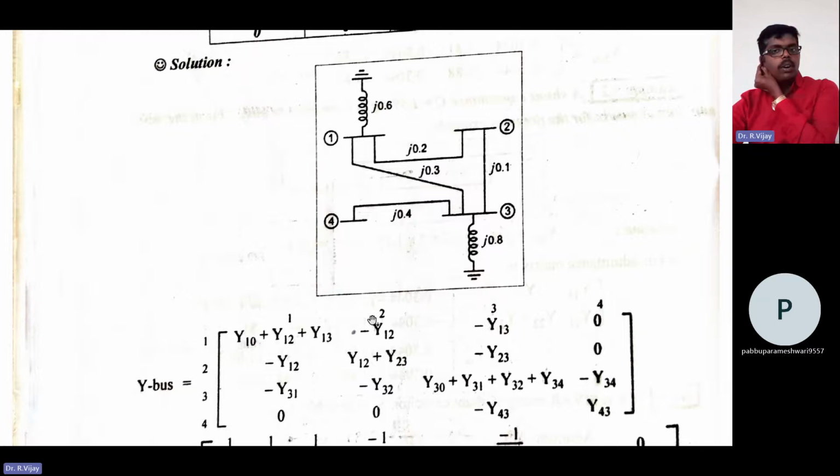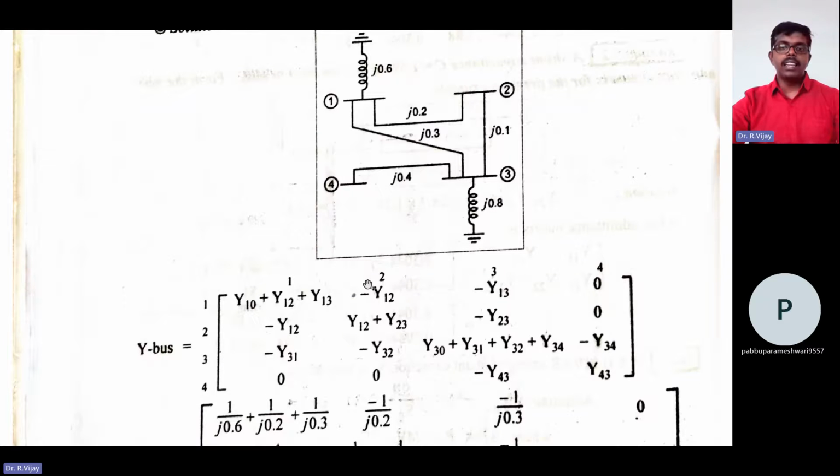So Y12 is minus of Y1, in the general formulation also. Next Y13 is minus of Y1. Next Y14 is minus of Y14, but it is 0 because there is no connection.